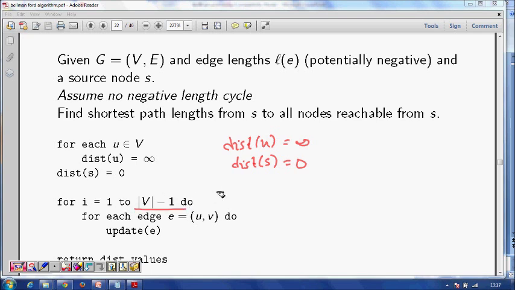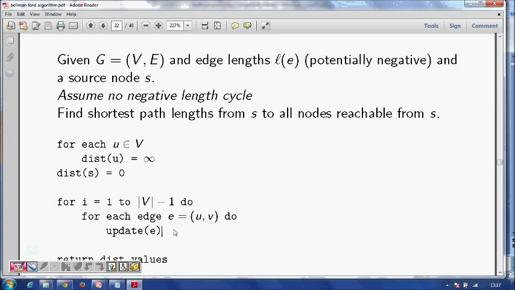Then for i equal to 1 to |V| minus 1, for all edges uv, we update the edge. This is a simple algorithm, and then we return the distance values. So this is the algorithm.